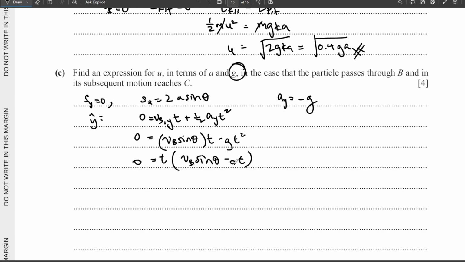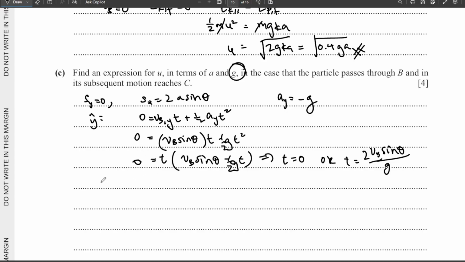So here I'll replace it with g. So t is either equal to 0 or it will be equal to VB sine theta over half g. Half g here. 2 VB sine theta over g. Alright, so that is the first equation.